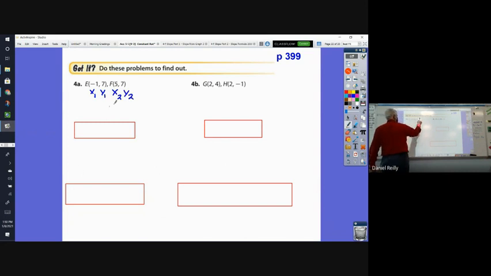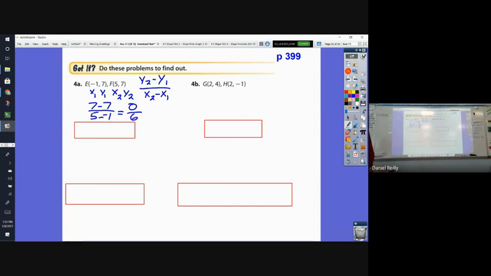The slope formula, Y2 minus Y1 over X2 minus X1. So 7 minus 7 over 5 minus -1. 0 over 6. 0 in the numerator means 0.